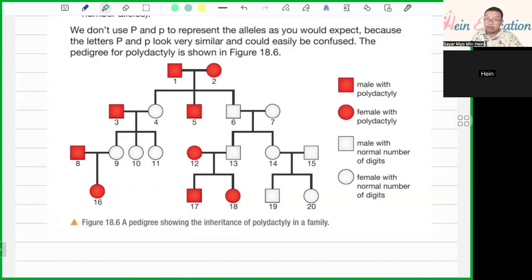We already know the phenotype: individuals 1, 2, 3, 5, 8, 12, 16, 17, and 18 have polydactyly, so they have an extra digit, and the rest have a normal number of digits. Now we would like to start off with the genotype.